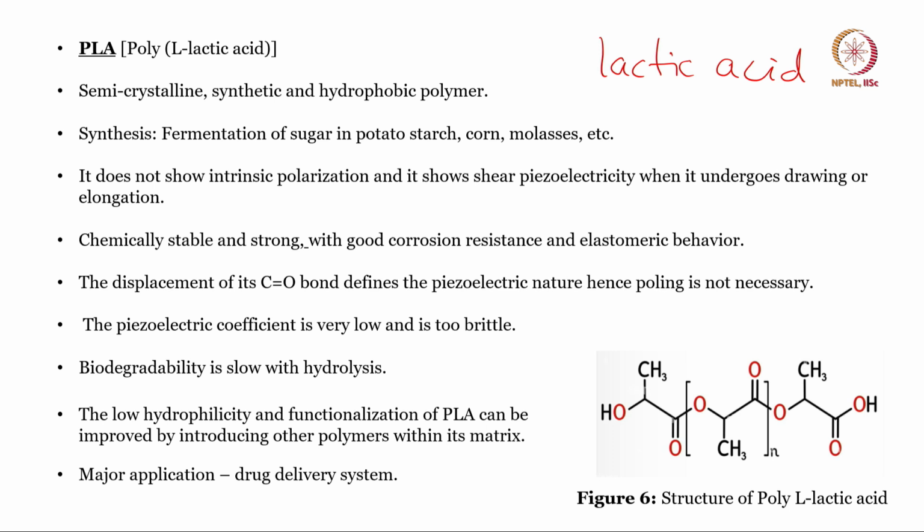It is synthesized by the fermentation of sugar, the sugar content present in vegetables such as potatoes, corn, molasses or anything. When it undergoes the fermentation process, it leads to the generation of lactic acid and thereby polylactic acid.